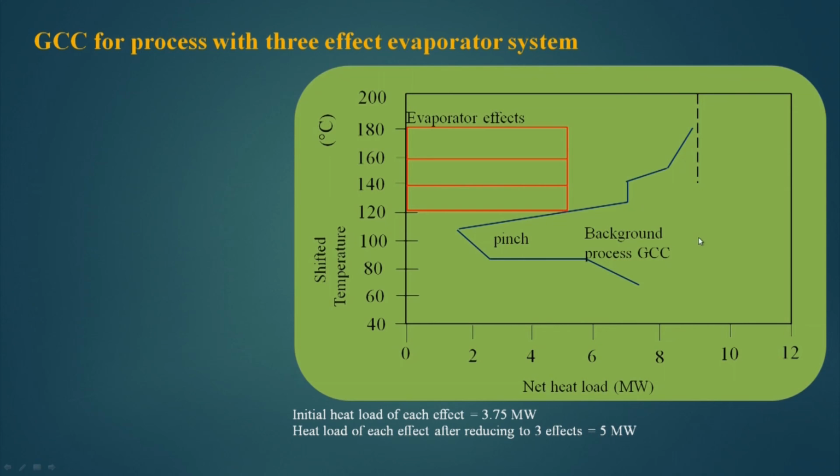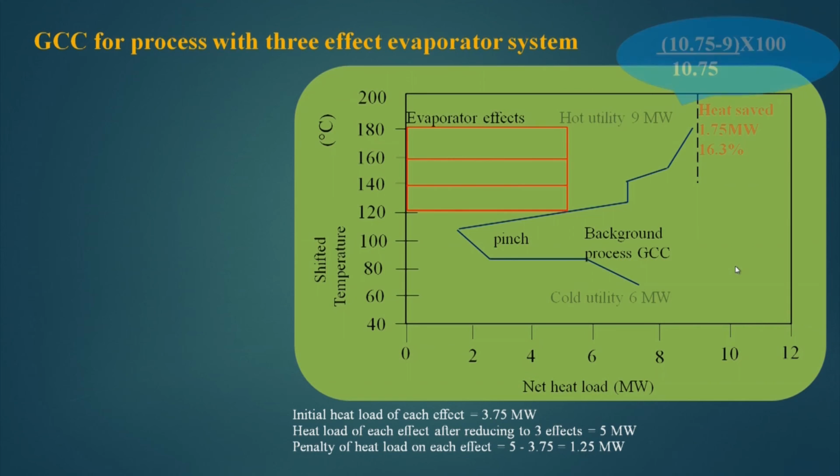Now the hot utility requirement is 9 megawatt. So, the decrease in hot utility requirement is 16.3%. So, by converting a 4 effect evaporator to a 3 effect evaporator, and while doing so increasing the heat load of each evaporator to 5 megawatt, we get a saving of about 16.3%.